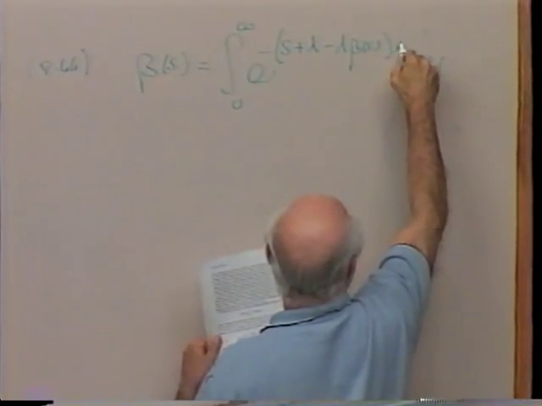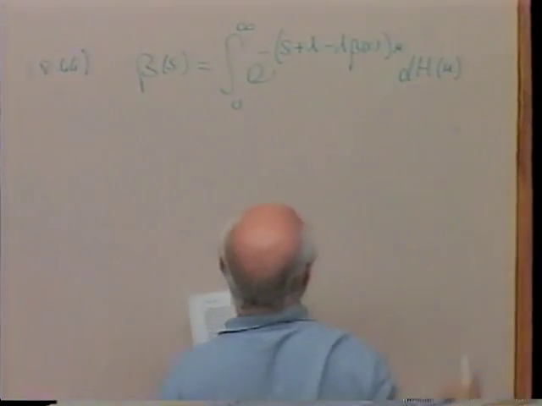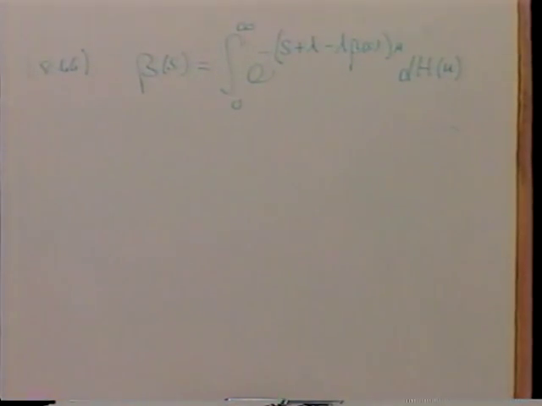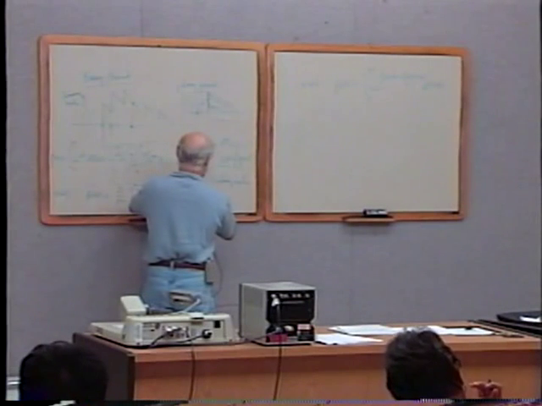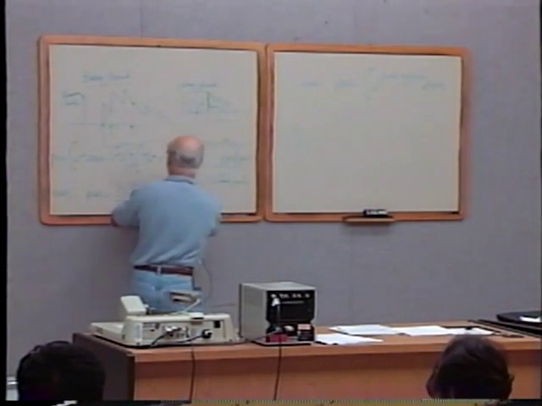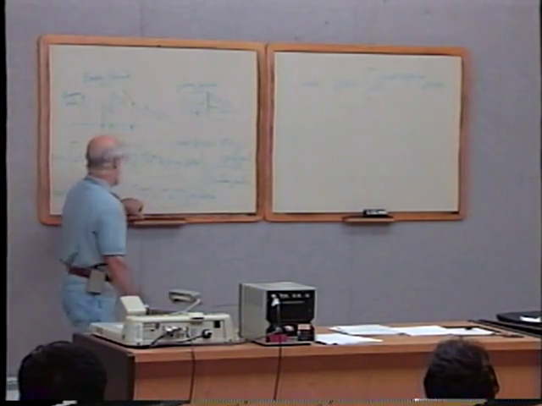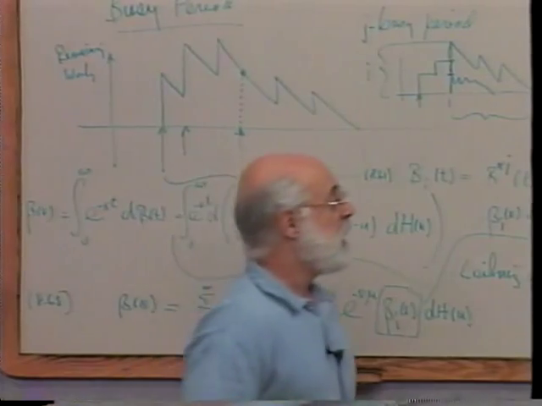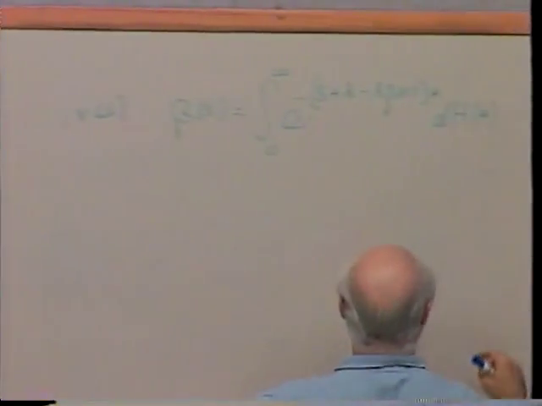There should be a u here and a u here. Okay, so after a lot of arithmetic, I replace the beta sub j by the beta to the j power. I combine that with this, and I sum it. And when I do, I get an exponential. I combine those exponentials, and the result is this.